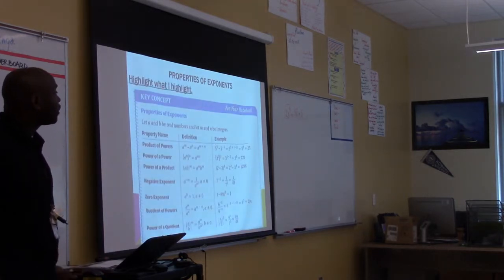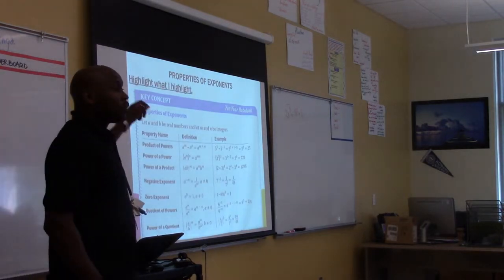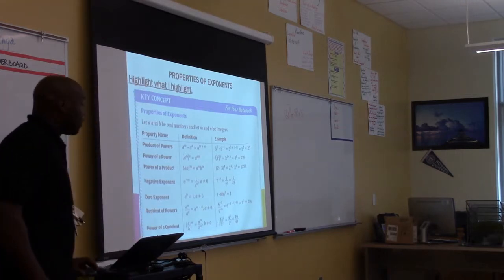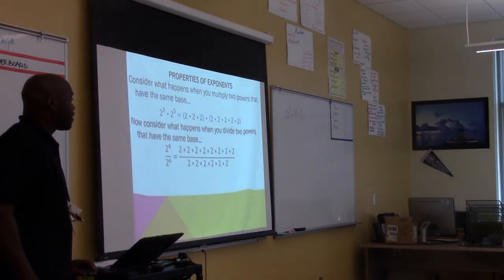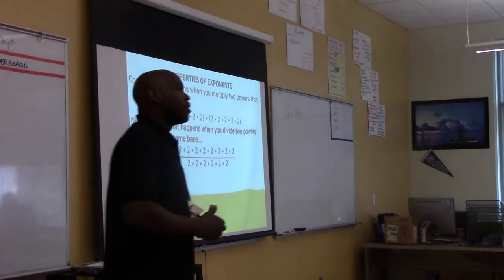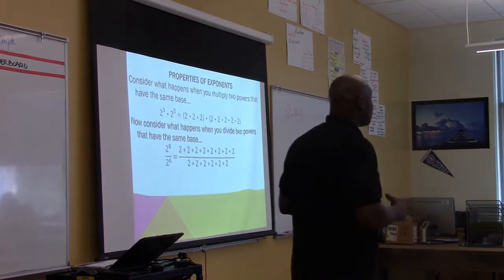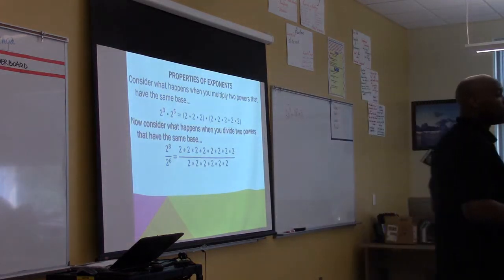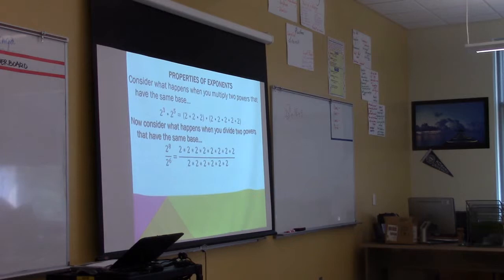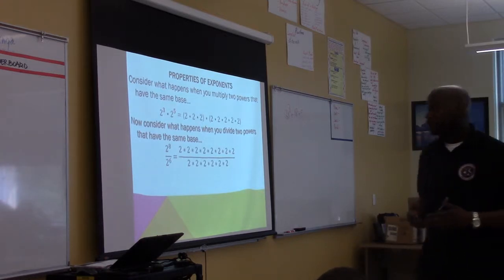So when you have like bases but different exponents, and you're multiplying two terms, we add the exponents. When we're dividing two terms with the same base, different exponents, we subtract the exponents.